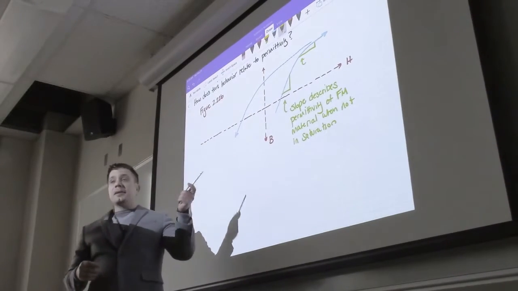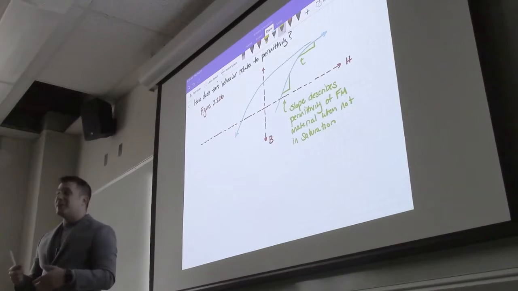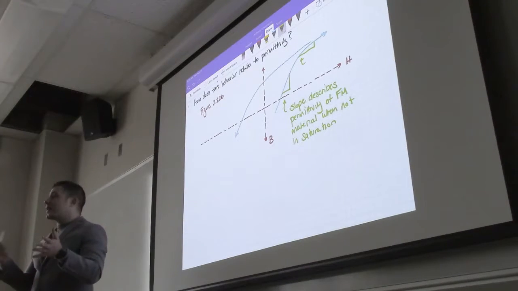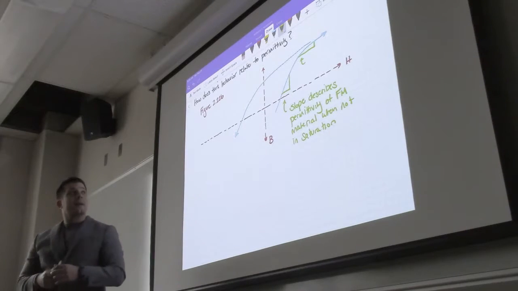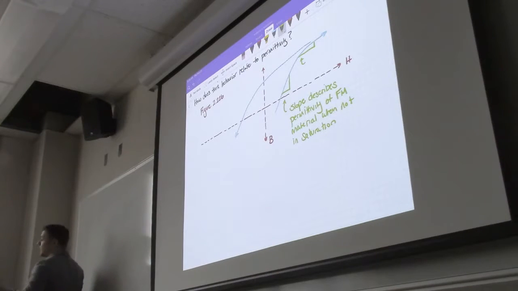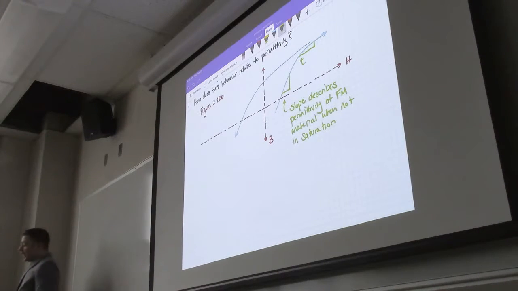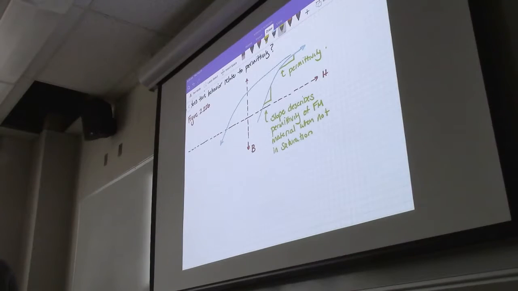But again, because we have a lower resistance path in the ferromagnetic material, the permittivity of air is not going to have much of an effect. The flux lines are not going to be taking that path. The opposite occurs up top. Now the ferromagnetic material has become very saturated, and so the slope here is predominantly dependent on the permittivity of air.